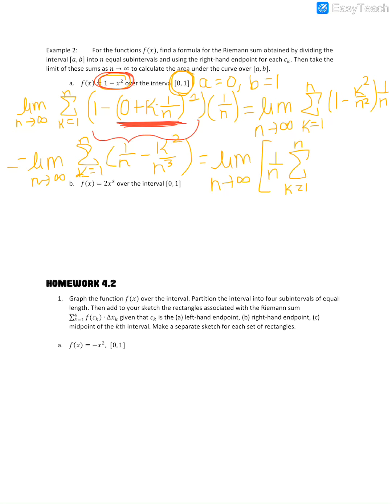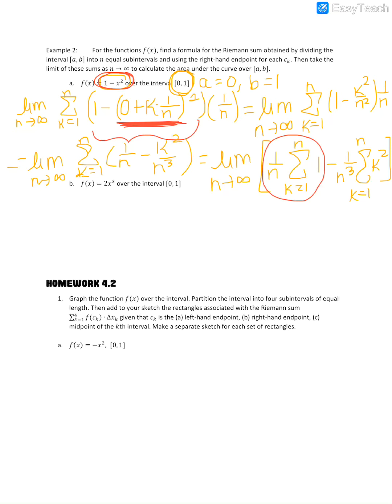All right, when I pull out the 1 over n, there's just 1 left here. Minus, and then here I'm going to pull out the 1 over n cubed. Sorry, my summation symbol looks pretty bad. I'm trying to squeeze everything in here. And there's k squared. All right. What I'm going to do now is go ahead and do my first part right here, which is my Riemann sum.